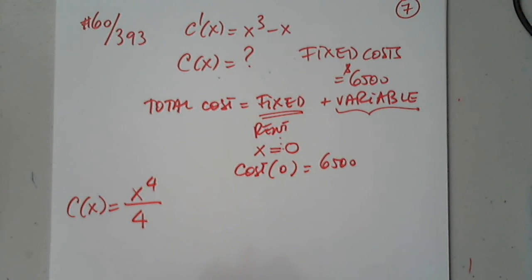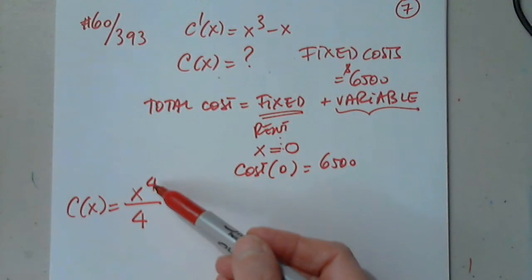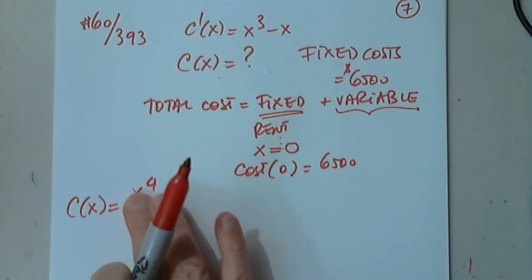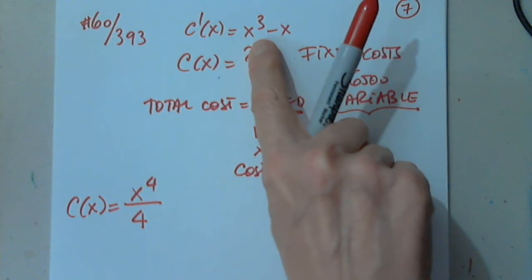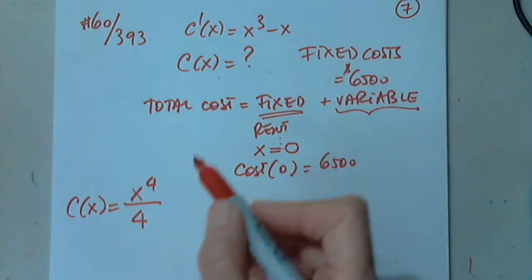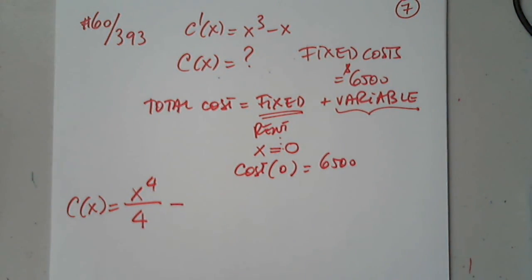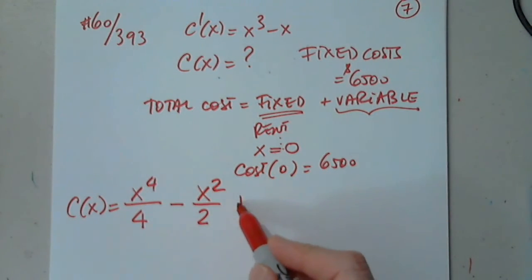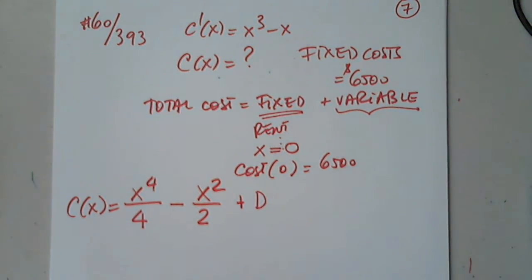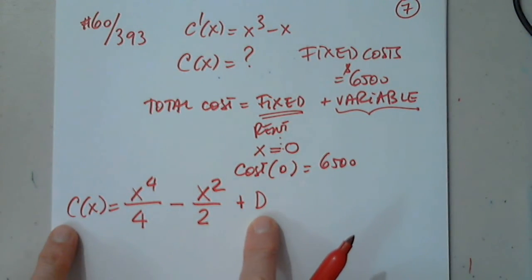So we have to undo what we were using before, right? So now we have to increase the power by 1 and divide by that number, so that this function prime is x cubed. Is it? Yes. Bring down 4 when I differentiate, divide, simplify, and get x cubed. Minus x squared over 2. Excellent. And of course, I don't really want to use C at this point. I'm going to use D, just because I don't want you to think that there is any connection between these two.